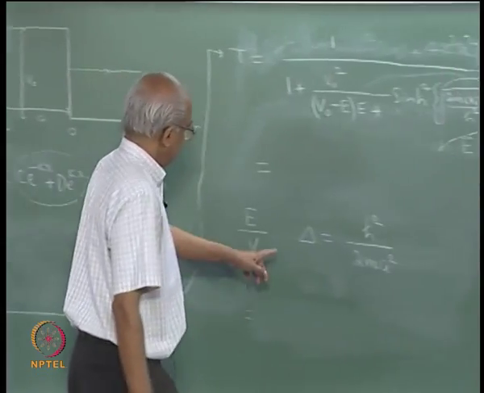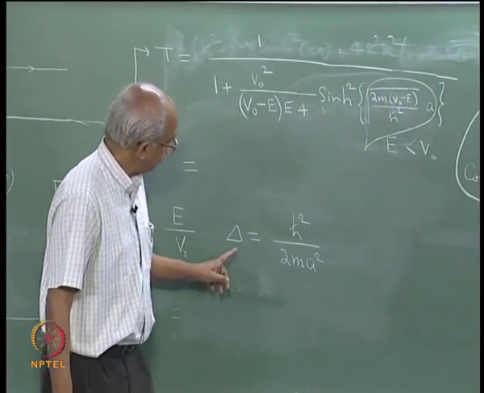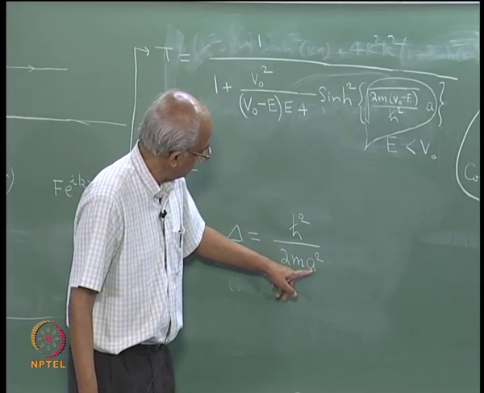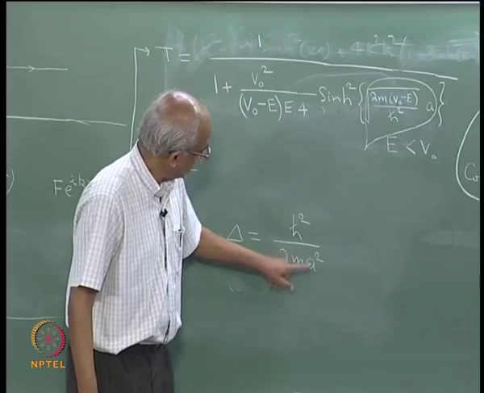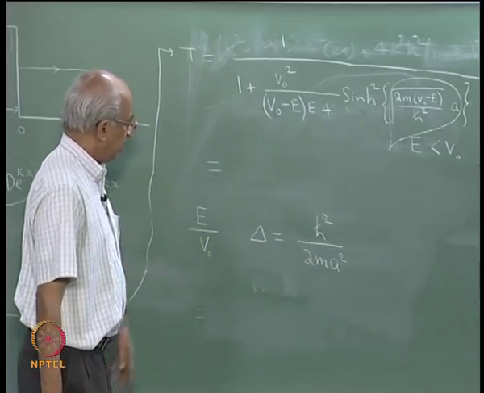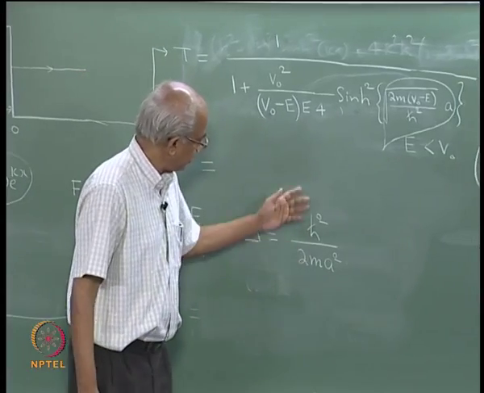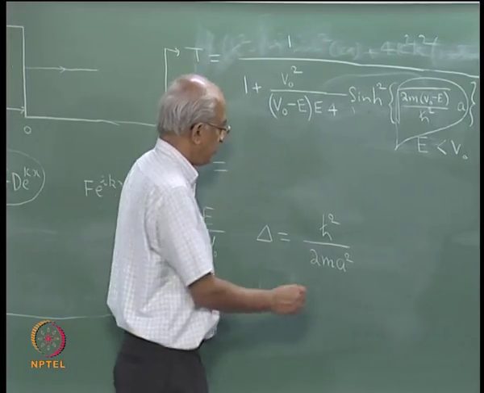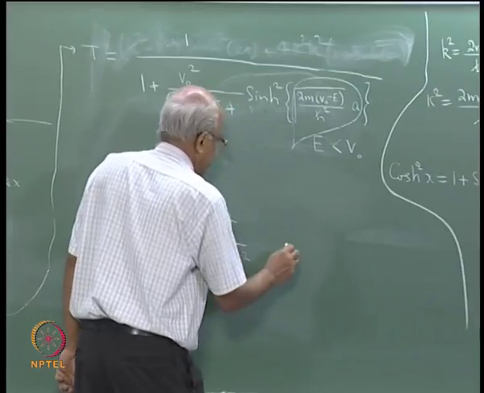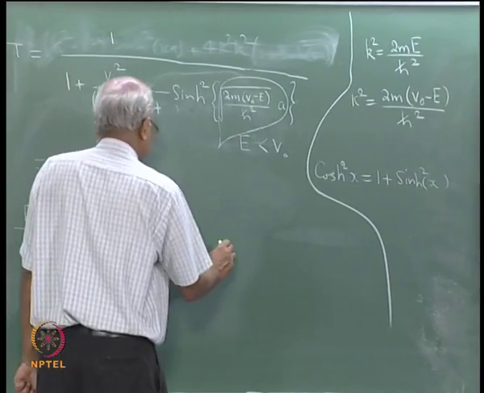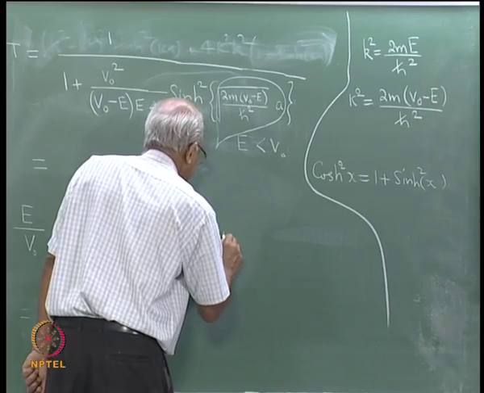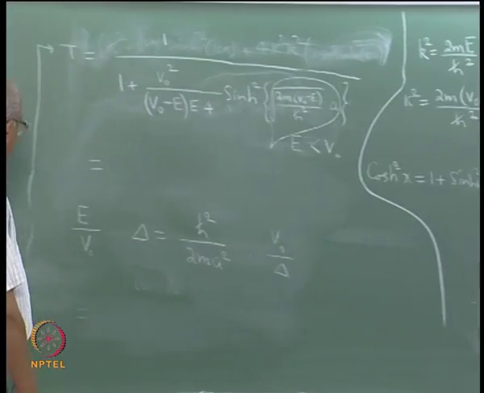Okay. So, this is a delta. If you look at this, you see delta depends upon the mass of the particle and the width of the barrier. And if you calculated the dimensions of this quantity, you will find that the dimensions are that of energy, and therefore I can have another dimensionless quantity which is V0 divided by delta.